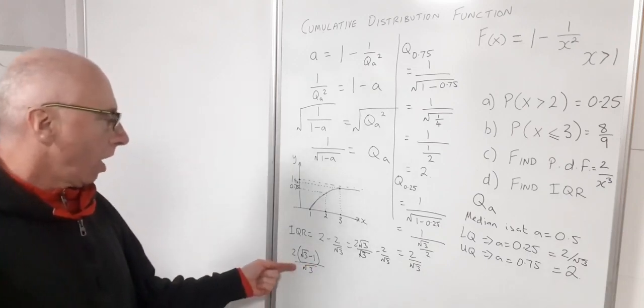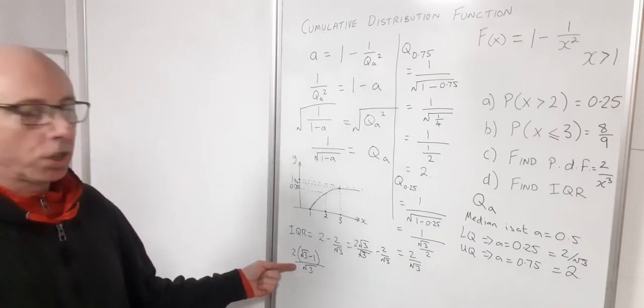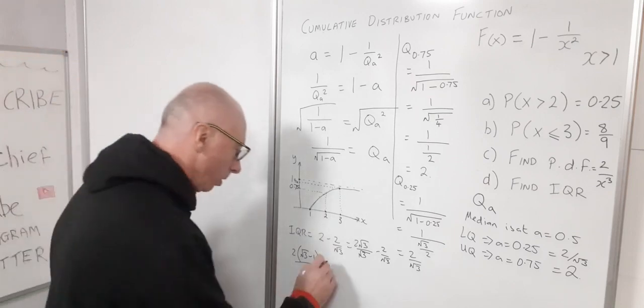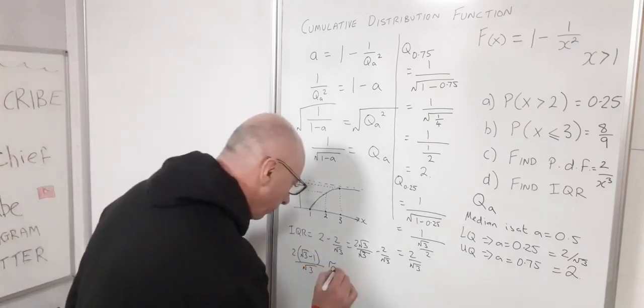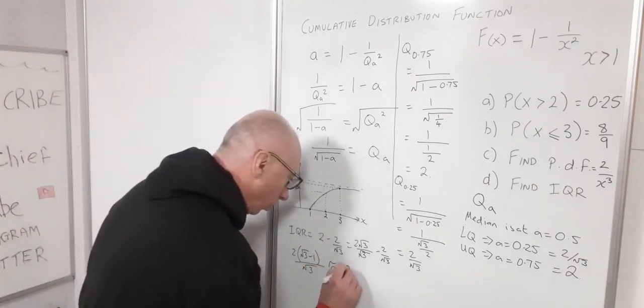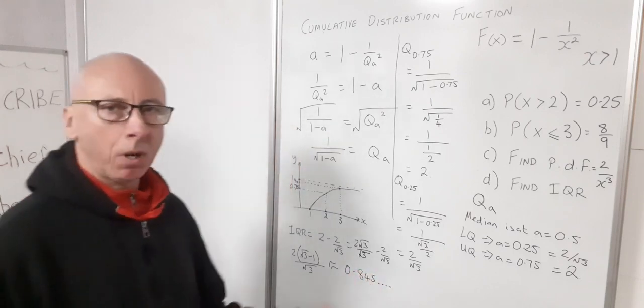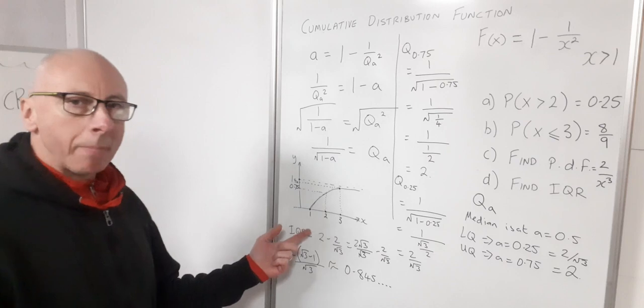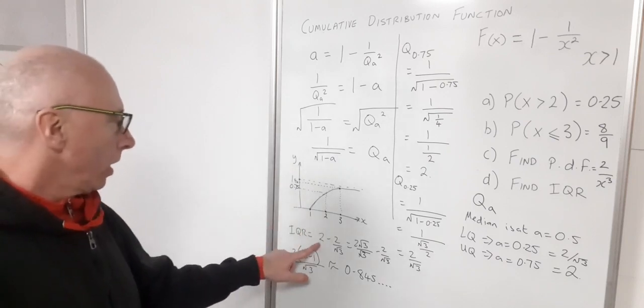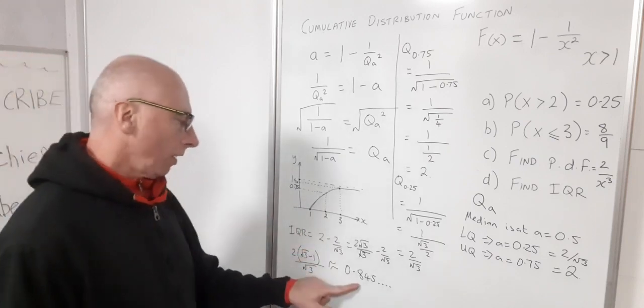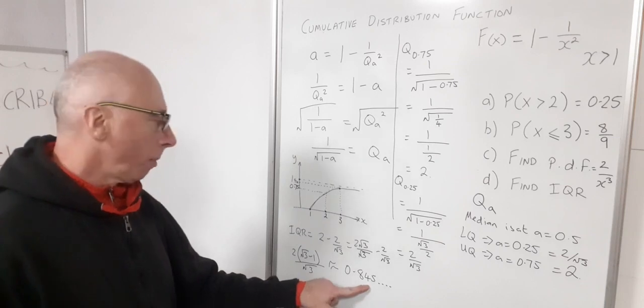So that would be our interquartile range. That's our value, which comes out to 0.845. That's an approximate value.